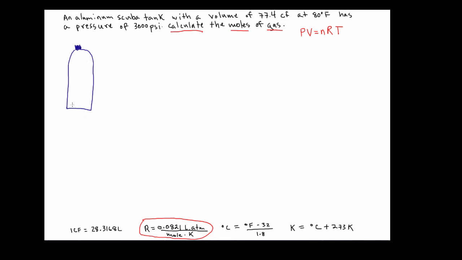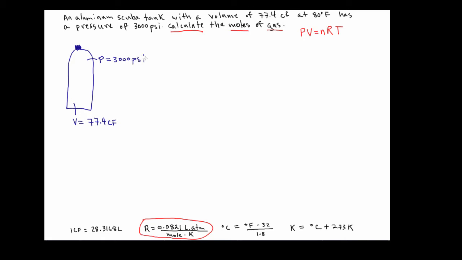I've drawn a picture of a tank, and I'm going to indicate its volume. So its volume is 77.4. Make sure to put in my units. These are going to be units of cubic feet. The pressure is 3,000 psi.